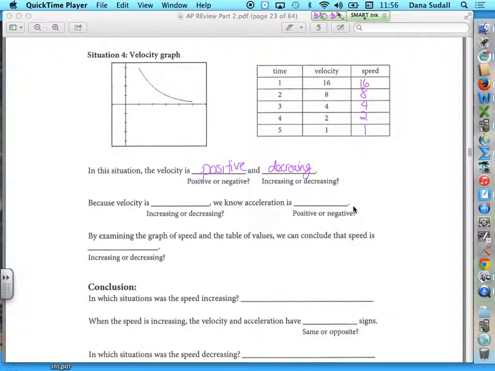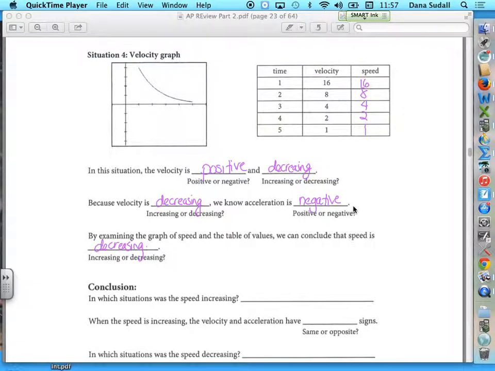So absolute value of velocity gives us the speed. Because the velocity is decreasing, that means its derivative would have to be negative. And it says examining the graph of this speed and the values in the table, what can we conclude about the speed? The speed is also decreasing.